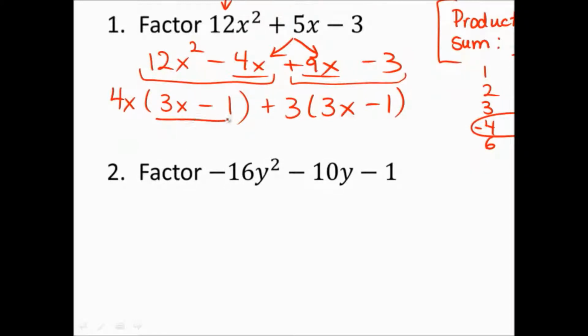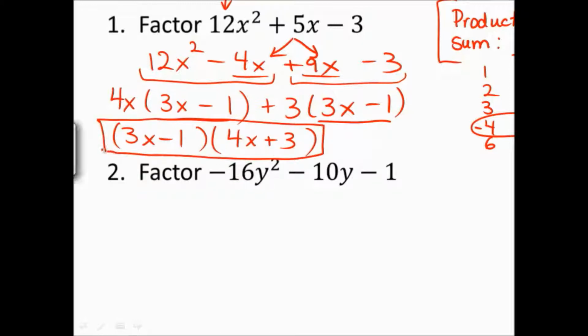And lo and behold, the brackets are the same, which they should be, and you'll find they always will be. So we take out the 3x minus 1 as a common factor, and we're left with 4x plus 3 out of these two terms once they are factored. All your little negatives and positives are contained within brackets, which implies to us that it is in factored form.